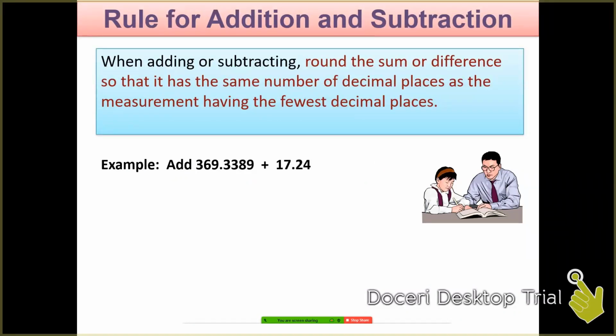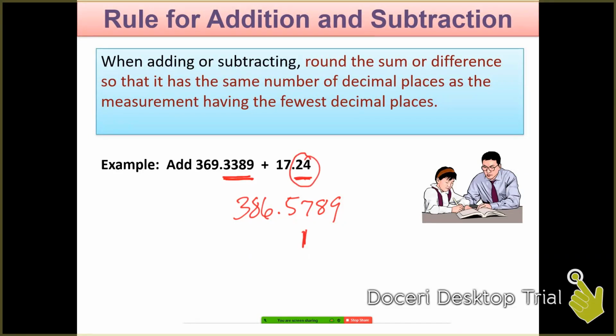So in other words, if I'm adding these two numbers, this has 4 decimal places. This one only has 2. So when I get my answer, it can only be 2 places behind the decimal. When you put this into your calculator, you're going to get something like 386.5789, but it can only be 2 places behind the decimal.